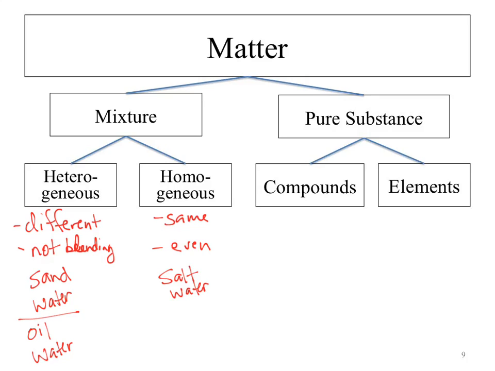No. Why not? Those two phases don't mix with each other. Or it's bad to say don't mix. They don't evenly disperse within each other. They separate out, and we see a clear separation between the oil phase and the water phase, even though they're both liquids. Kind of makes sense?